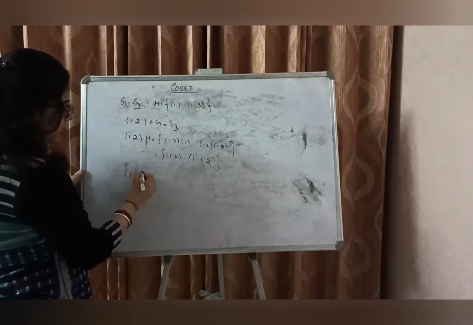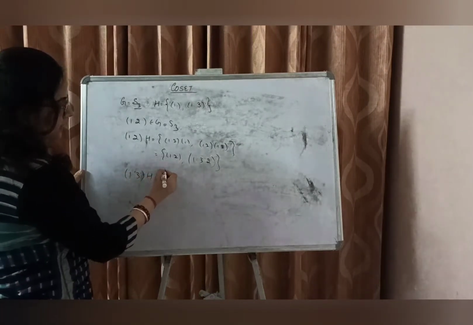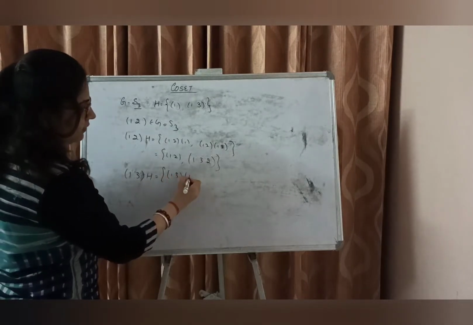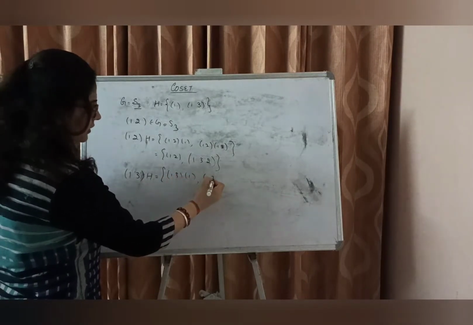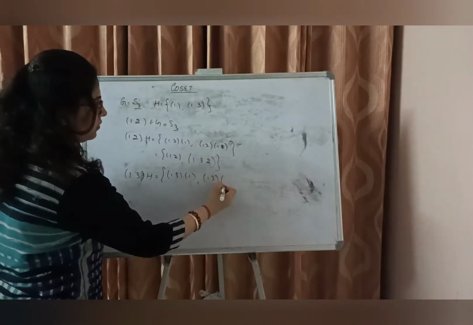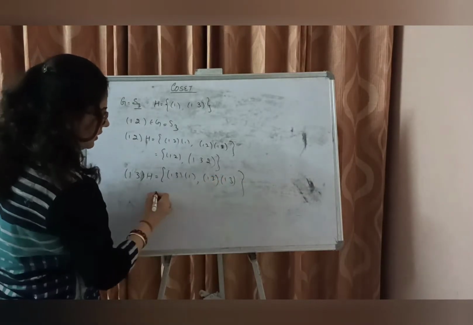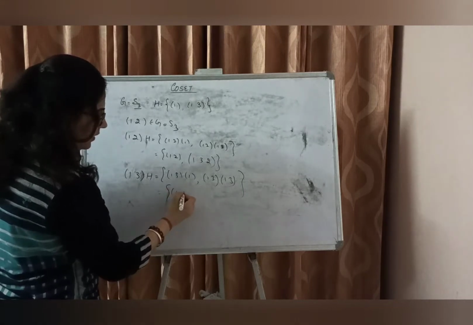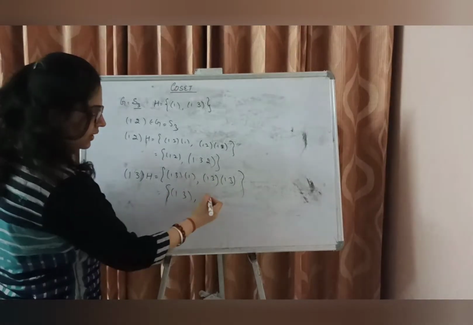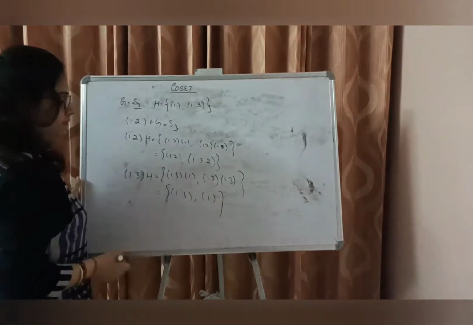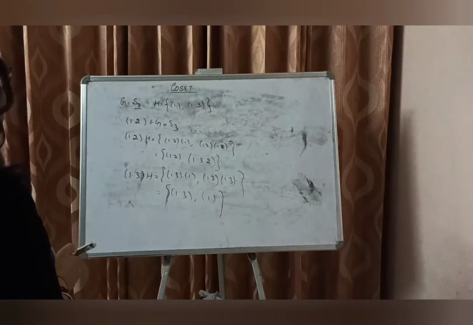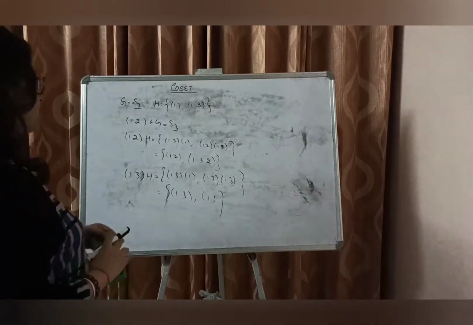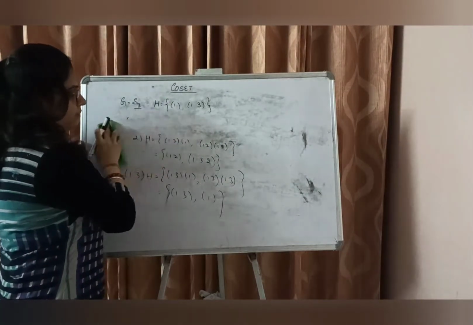Similarly, we calculate (1 3) into H. What is its value? (1 3) into 1 and (1 3) into (1 3). This is equal to (1 3), and its square is the identity. Similarly, we can calculate all other cosets of this subgroup.